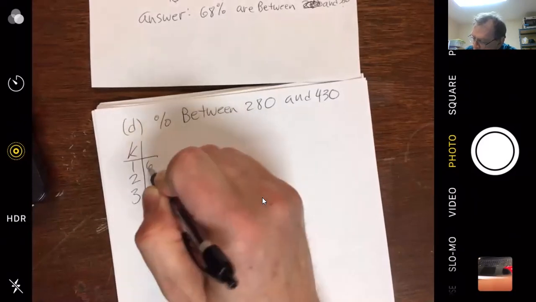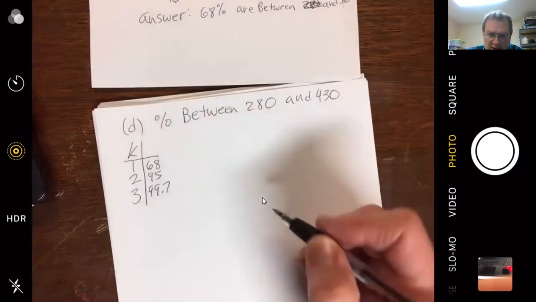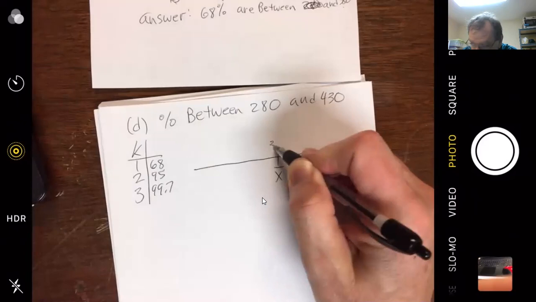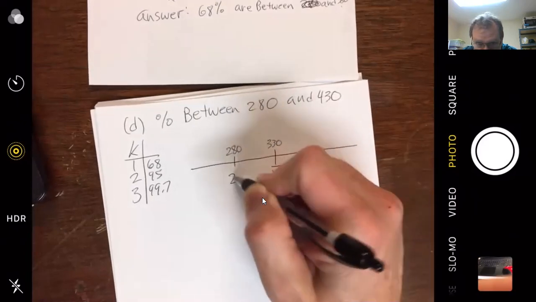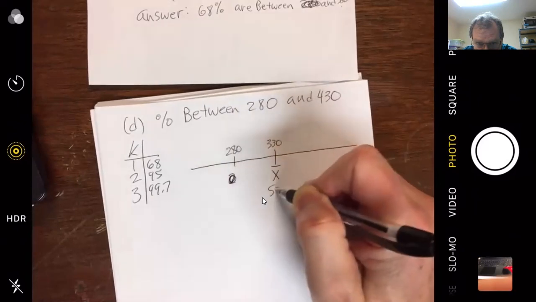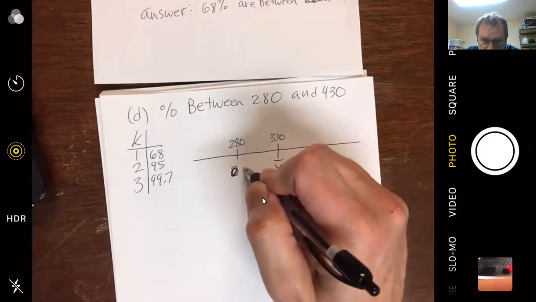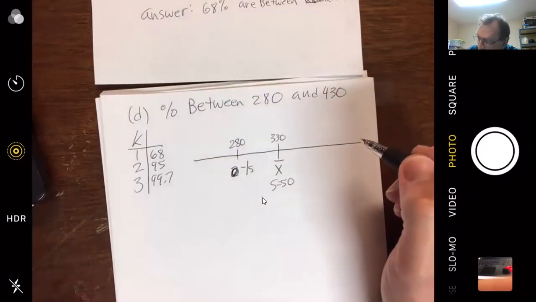So that's a -1 number. So the point being, the 280 is a k equal 1 number.